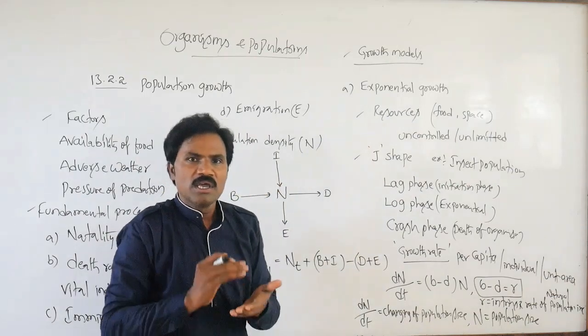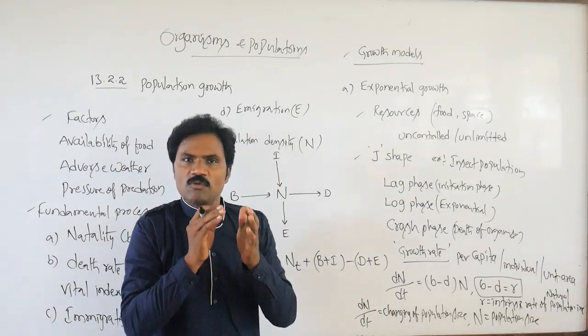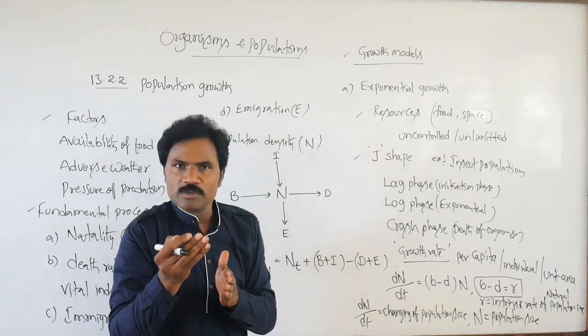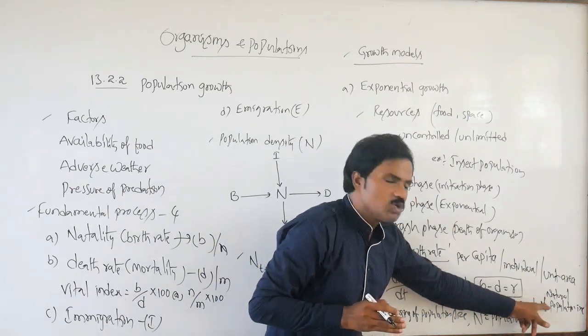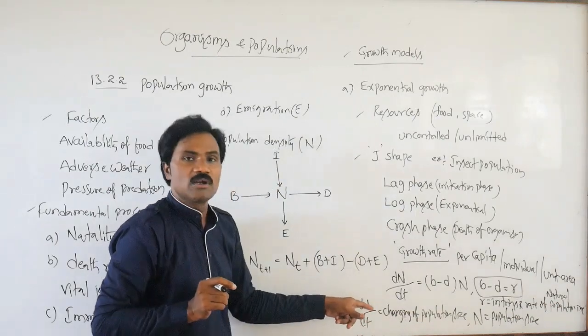Very simple, the increase of population naturally. If we know the death rate and the birth rate, automatically we know the rate of natural population increase.